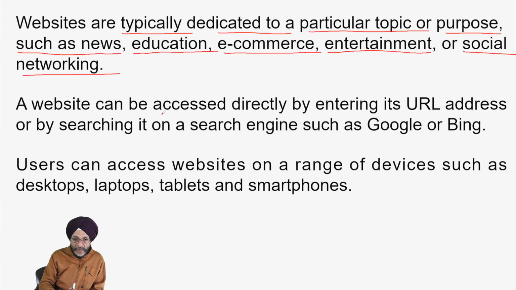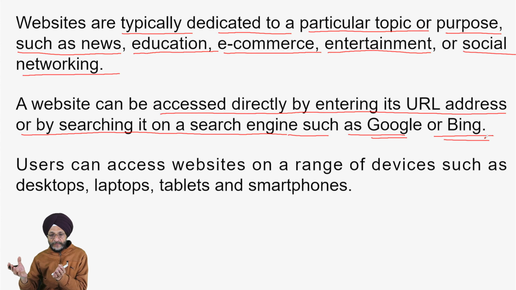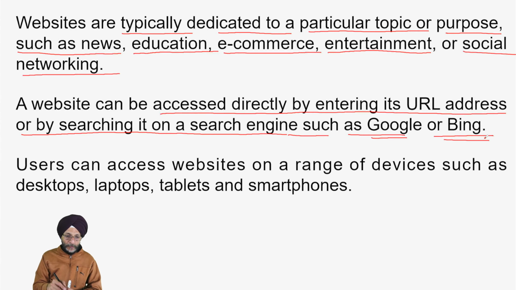A website can be accessed directly by entering its URL address or by searching for it on a search engine such as Google or Bing. For example, if you want to get admission in a university, you can enter the name of that university in Google or Bing, and Google or Bing will search the website for you.